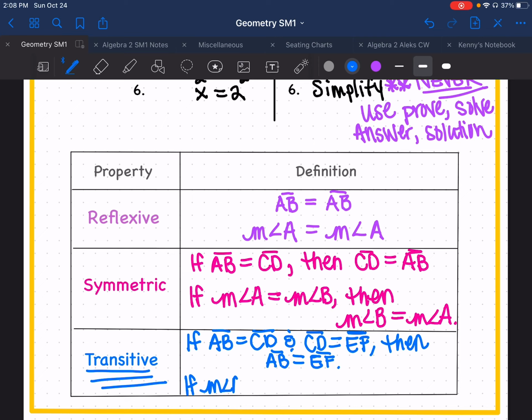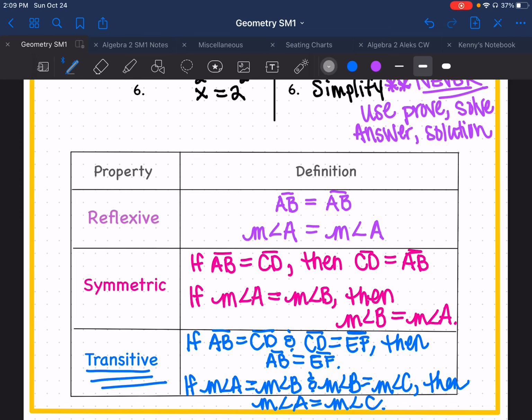If the measure of angle A is equal to the measure of angle B, and the measure of angle B is equal to the measure of angle C, then the measure of angle A has to be also equal to the measure of angle C. There we go. Okay. Basically, what I'm doing is seeing that two things are equal to the same thing, which means they have to be equal to each other. I like pizza. Do you like pizza? If you said yes, then we are equal to each other.